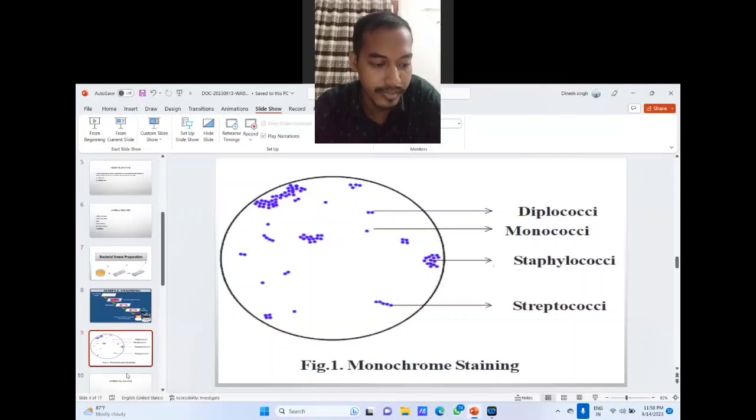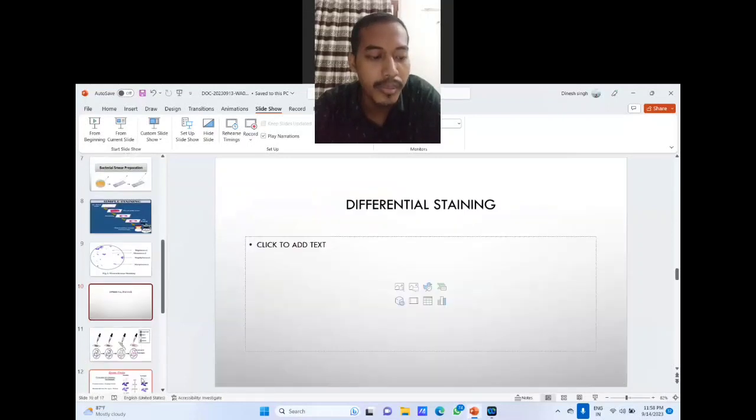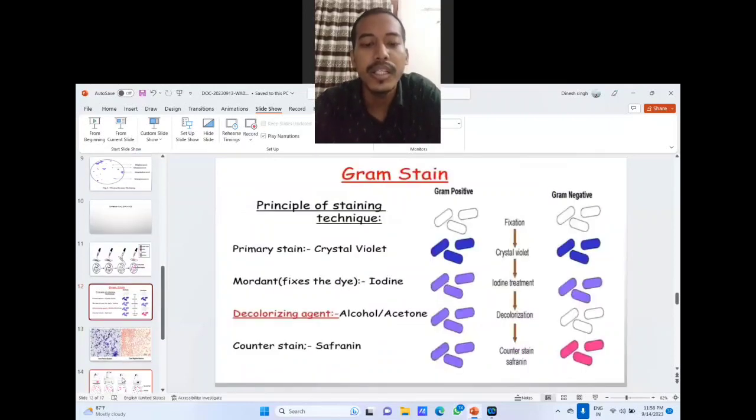The next thing is the differential stain. In the differential stain, the first is gram staining. Gram staining is one of the most commonly used stains in the microbiological laboratory.